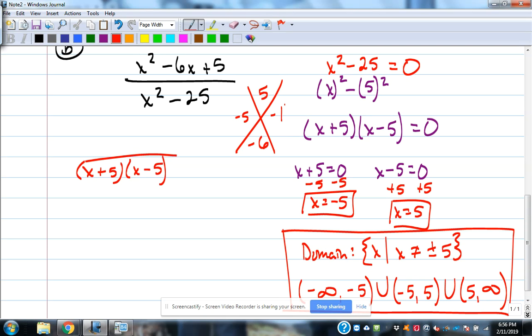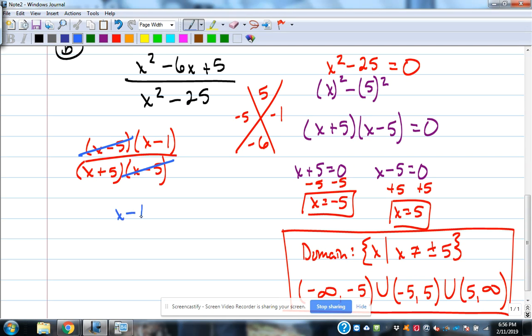Can I take that shortcut on this one? Yeah, because there's a 1 in front of x squared, so my factors are x minus 5 and x minus 1. Now, because I'm simplifying, I'm looking for matching factors on top and bottom. What factor matches? x minus 5s. So we're going to cancel these two out.